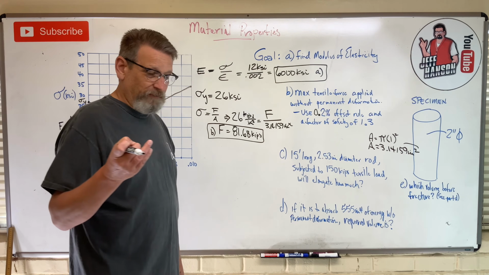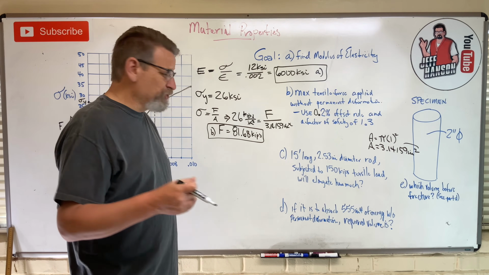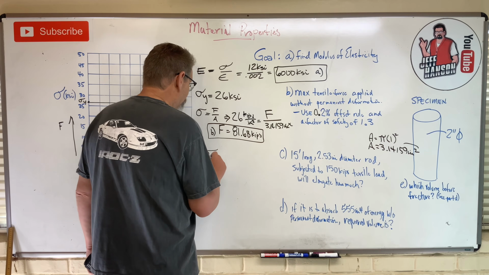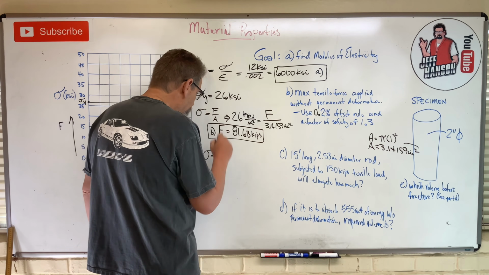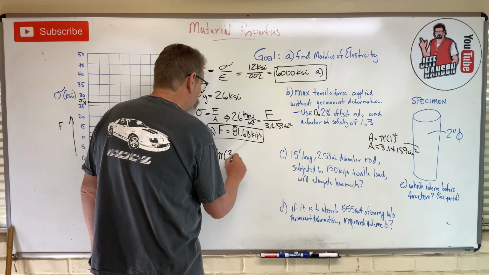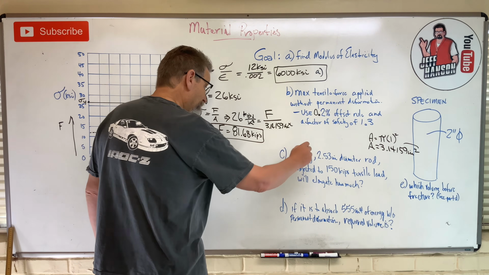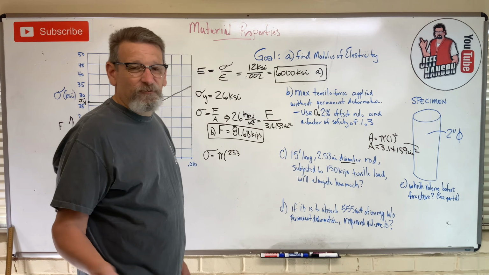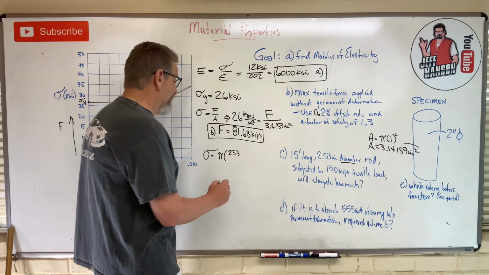So step one, we got to find out how much stress it's going to have on it, okay? So step one is stress is equal to pi times r squared, which is 2.53, but that says, boy, that's a common mistake. How many times do you put diameter in for radius?